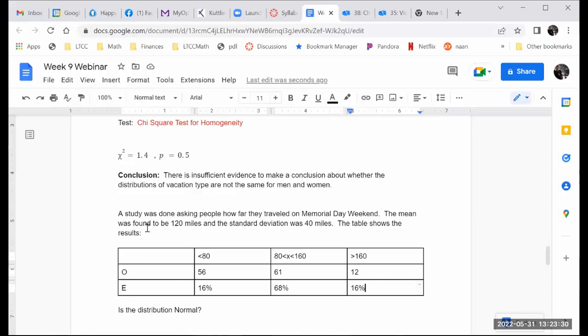Okay, notice that our sample size was equal to 56 plus 61 plus 12. Any questions on that?